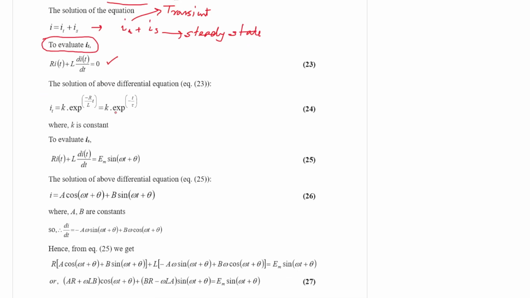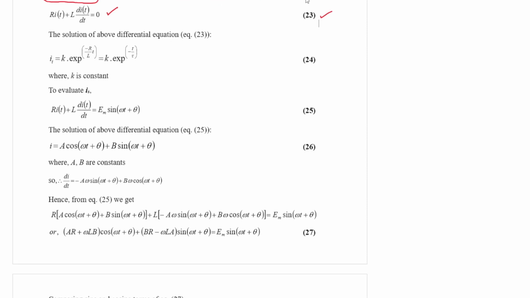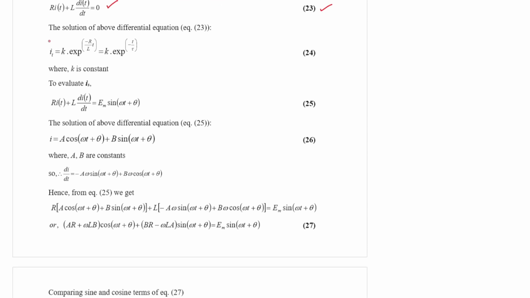Now this form, equation 23, is very well known. This form has been considered previously in the case of a series RC circuit. You get this kind of differential equation, and straight away you can write the solution: it equals K times e to the power minus t by tau.